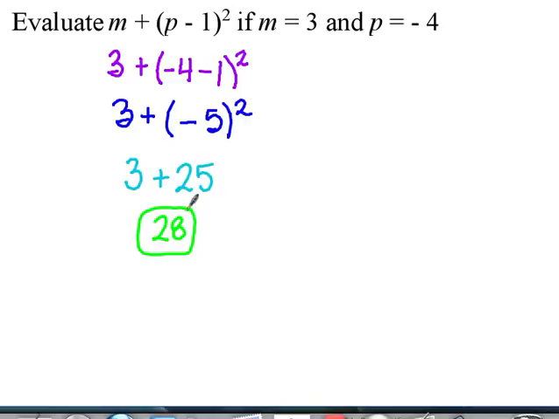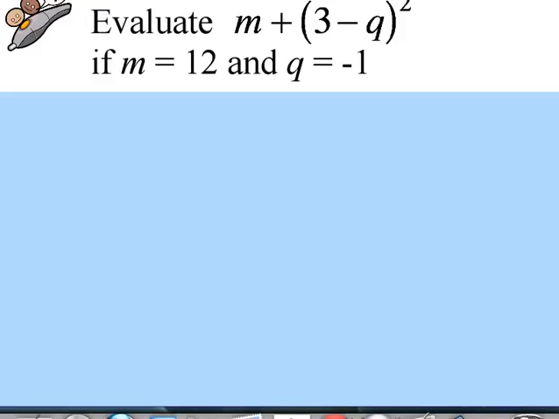Not too bad. Let's look at another one. Evaluate m + (3 - q)^2 if m = 12 and q = -1. I need you to go ahead and do that. When you get done, enter that in on your expression.